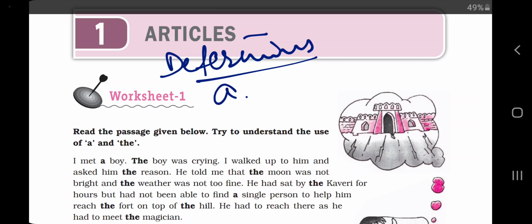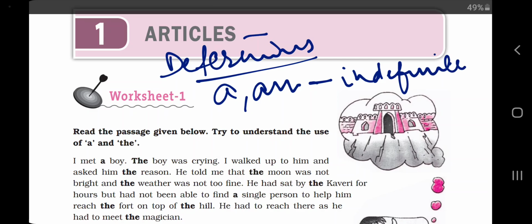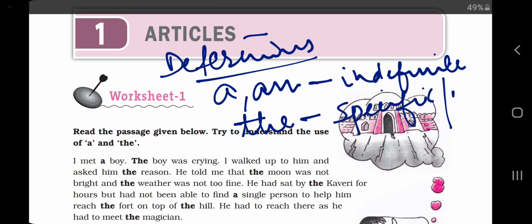Like a and an, these are non-specific, that is indefinite, while the article the is specific, that is definite. If we are talking about a particular thing, then we use the definite article the.